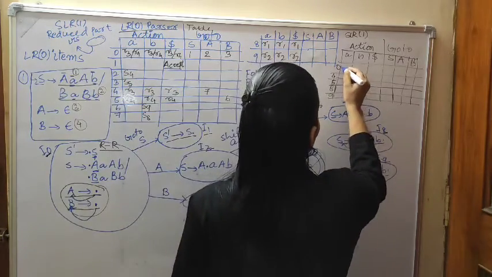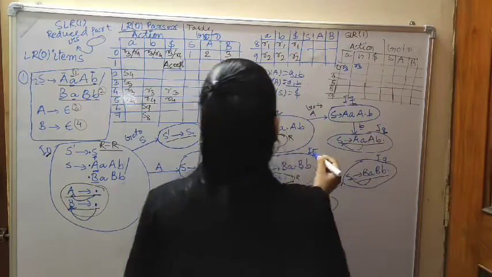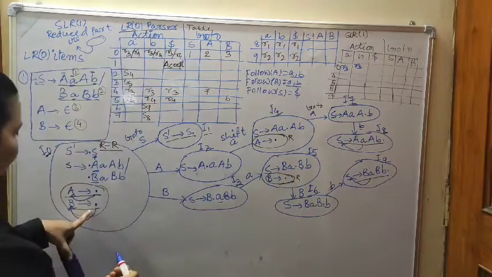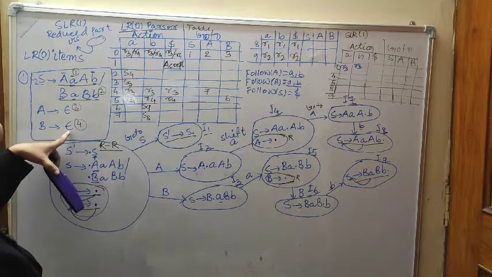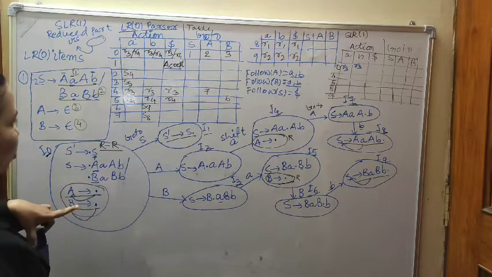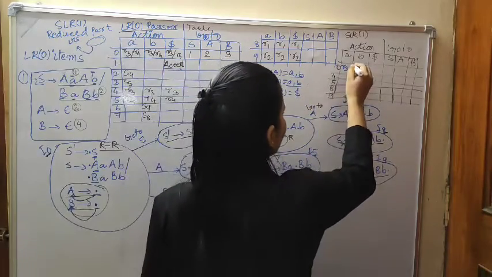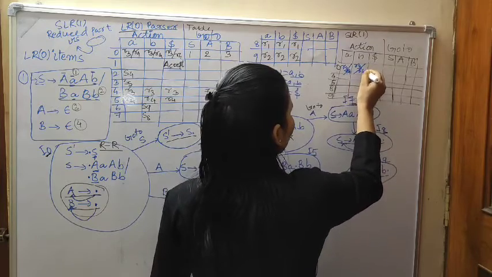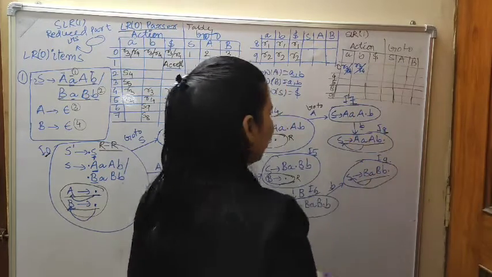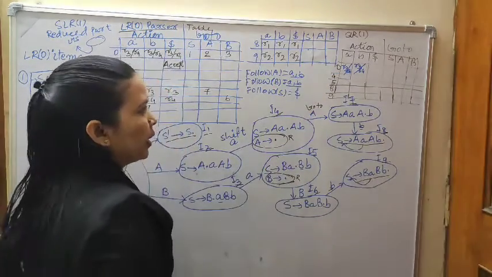Write down in state 0, R3, R3. Yes. Now in the other final item, the production rule is number 4, and Follow of B is A comma B. So these two places get R4, R4. But the dollar place will not get it, because dollar is not in Follow of A and B.